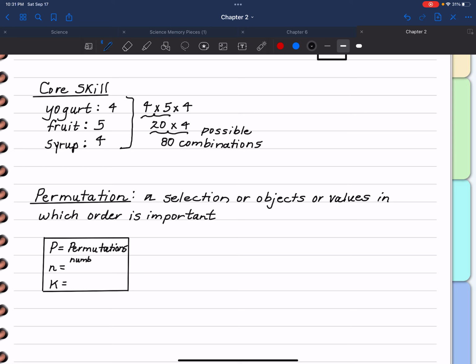Number of items. So if there are 12 horses in the Kentucky Derby, N would be 12. And then K is the number of items being ordered. So if we're looking at the top 3 finishes, we would have K equaling 3.